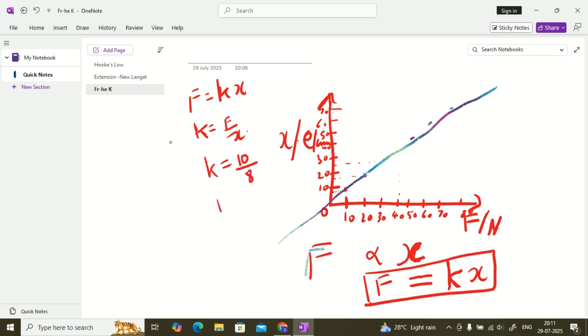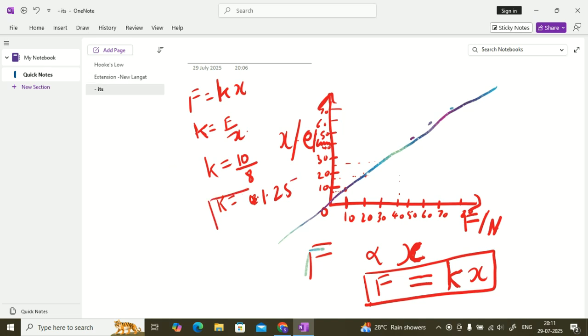So the spring's constant over here is 10 upon 8. When we just divide it, you can use your calculator to get the answer. So when we divide 10 by 8, you are going to get 1.25 as the answer.